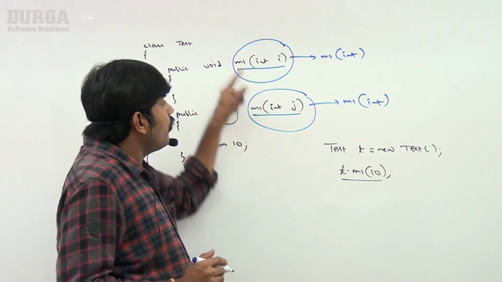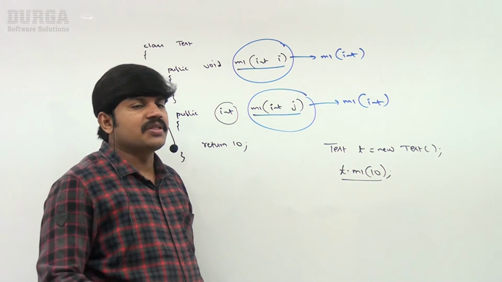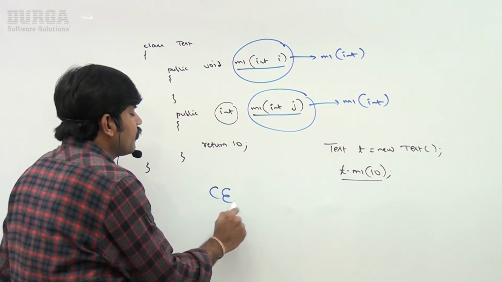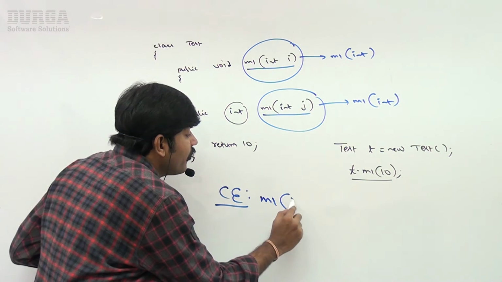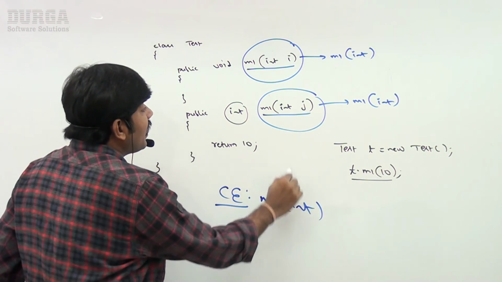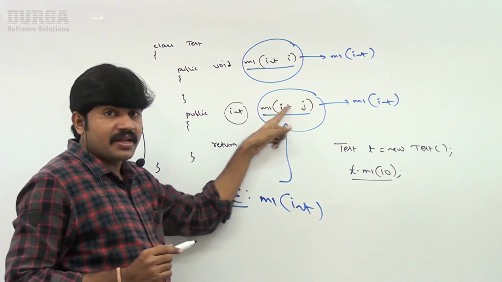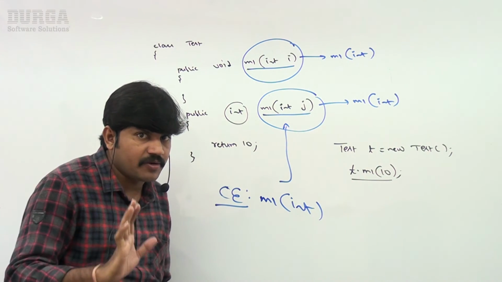That's why within the class, two methods with the same signature are not allowed. Whether we are calling or not, immediately we get a compile-time error saying m1 of int is already defined in Test class. Why are you redefining another method with the same signature?